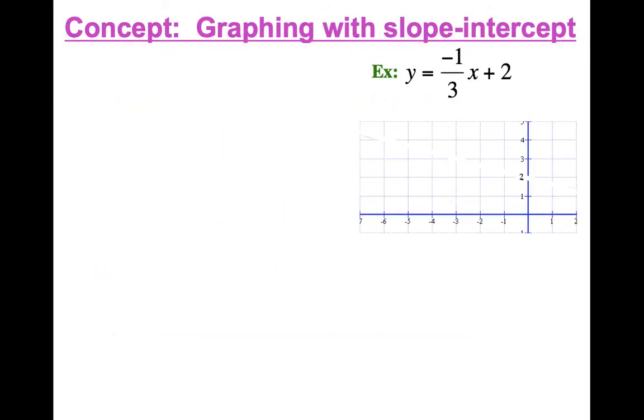So let's use this concept. Because the equation is y equals 1/3 x plus 2, we know that the line will cross the y-axis at positive 2. That's the y-intercept. And that's the first thing you do.